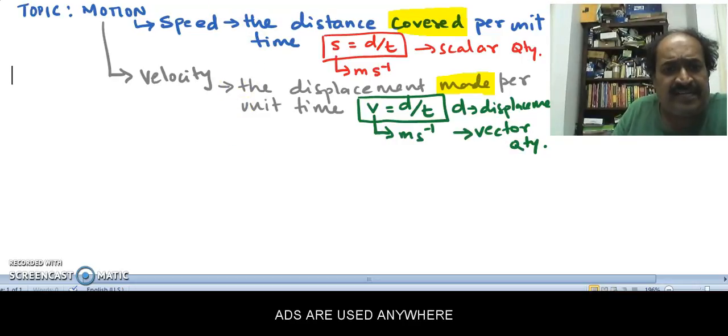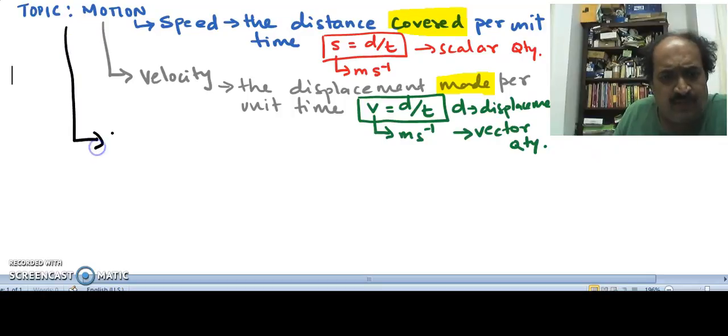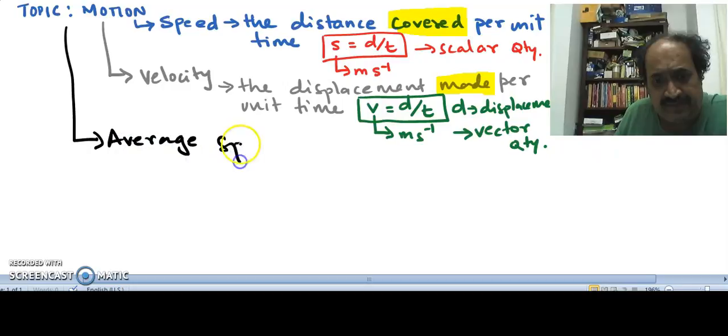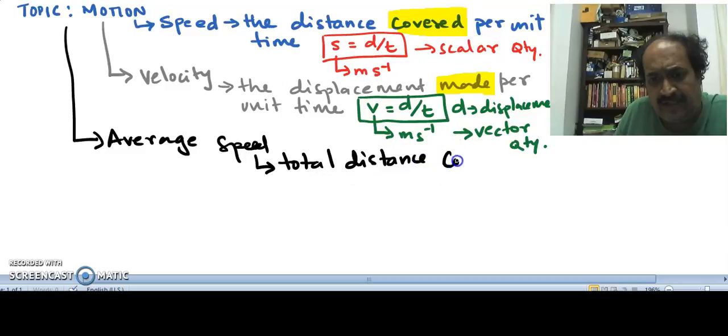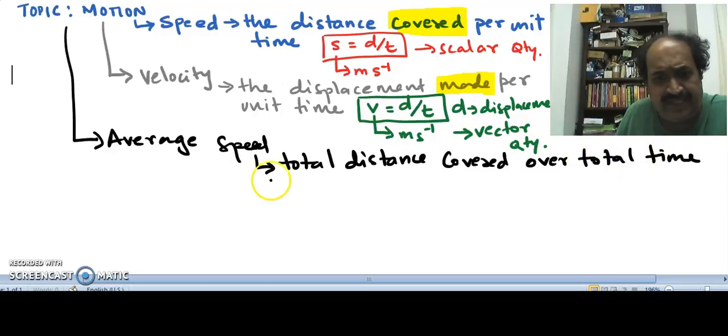Okay, now let us try to understand something else. Let's try to understand then what is average speed. Average speed is nothing but total distance covered over total time taken.